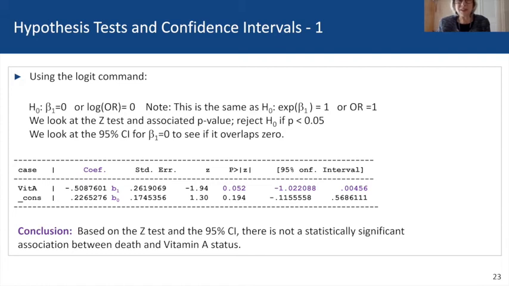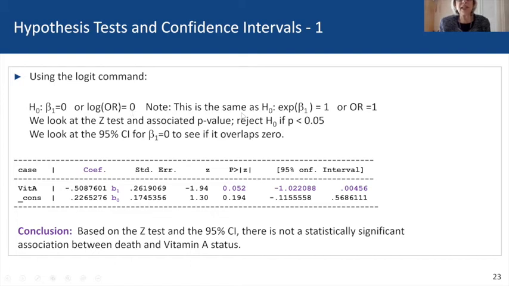Now, there's a little bit of a simpler way in Stata to get the exponentiated values, and we'll see that on the next slide. But if our null hypothesis is that beta 1 equals 0, that's the same as saying the log odds ratio, beta 1, equals 0.